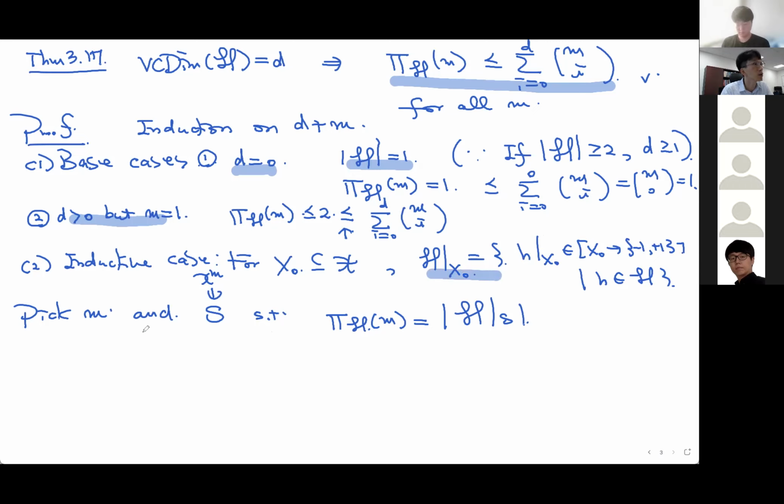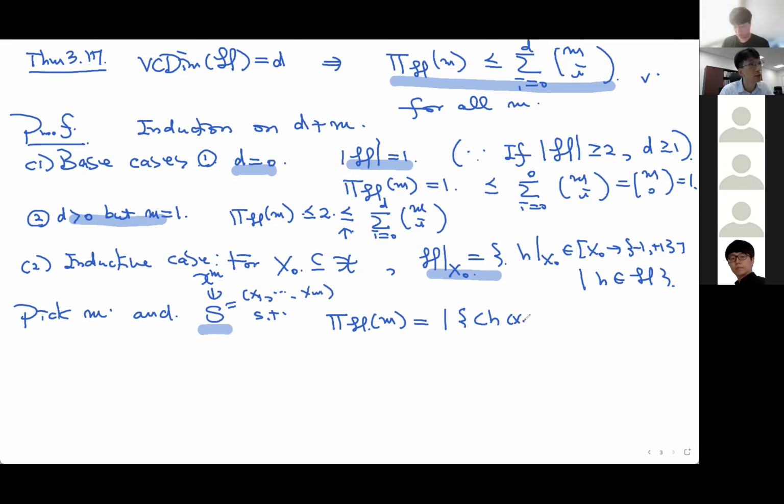And then for the growth function, because it's defined over the maximum over the sequence, we pick some sequence of size m. And then what we are doing here is that there exists some sequence of size m such that this growth function is exactly the cardinality of h restricted to S, where S is x1, x2, and so on, up to xm.